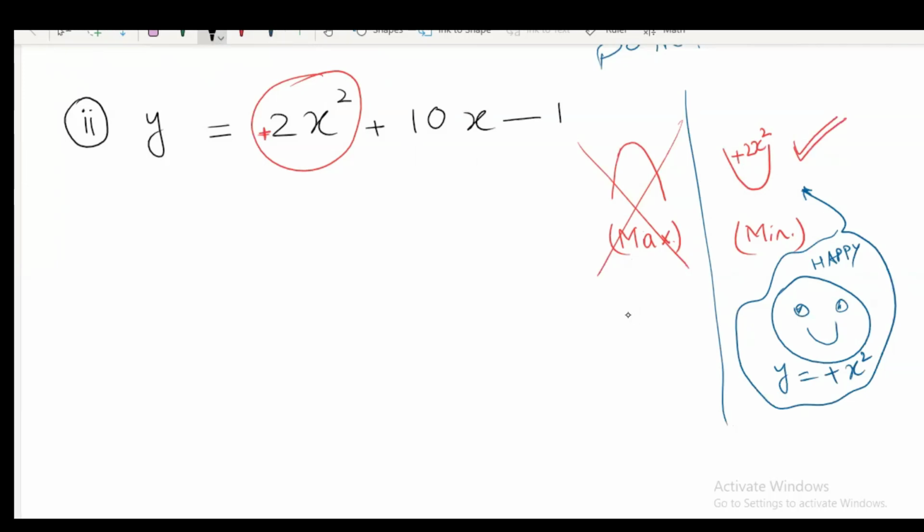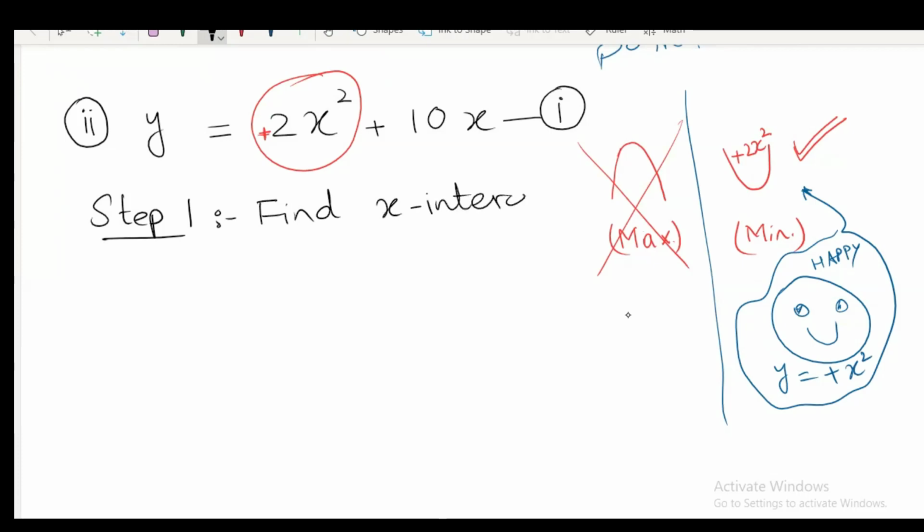Before finding the x-intercepts, mark this as equation number 1. Step number 1: find x-intercepts by putting y equals 0 in equation number 1.